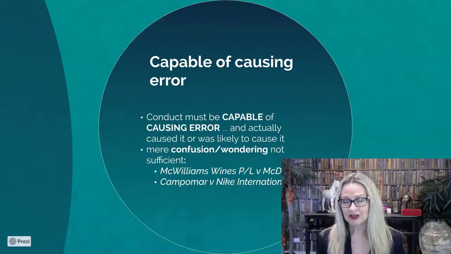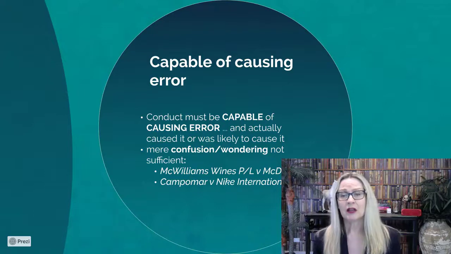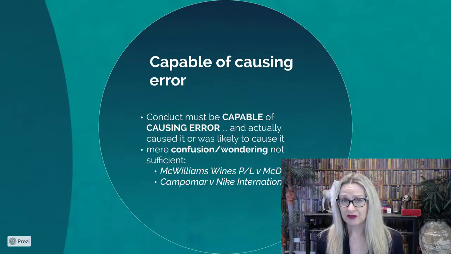Note also that these two cases are great examples of the misleading or deceptive conduct provision being used by other than consumers, being used by big brand manufacturers who are very keen to protect their trade dress and trade reputation trademarks.